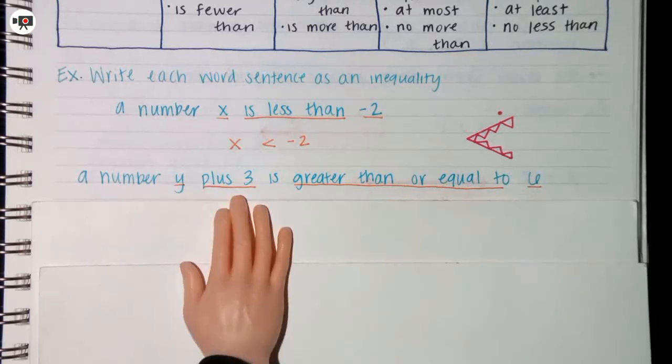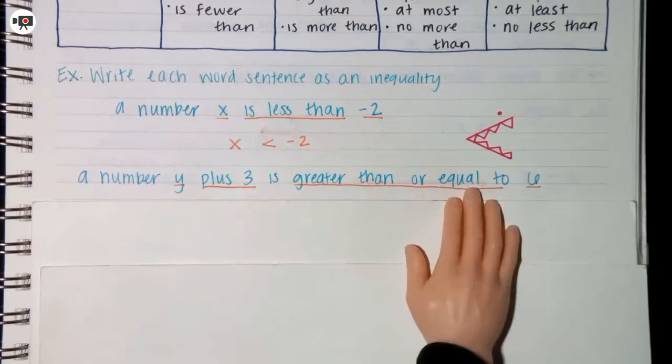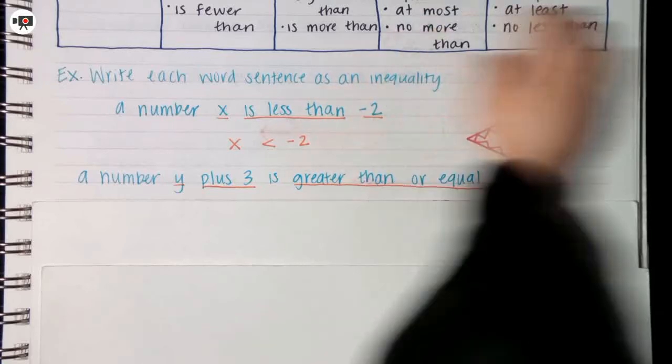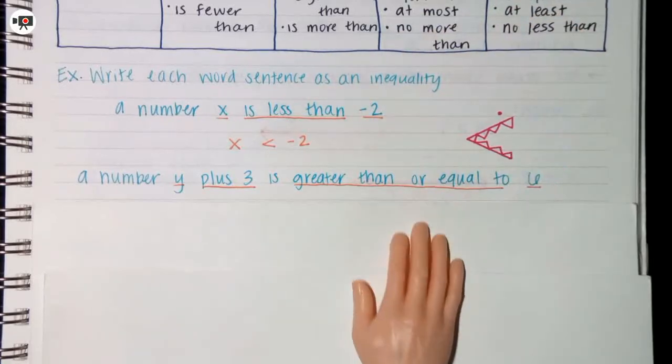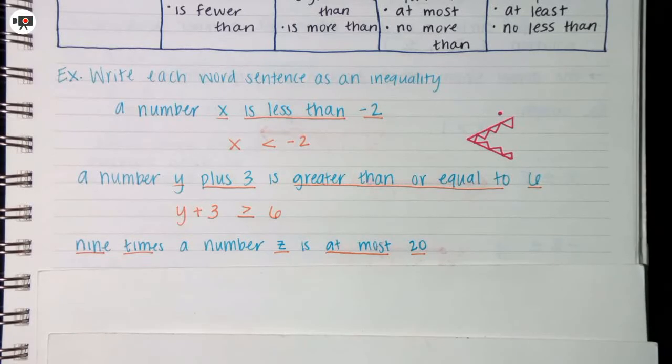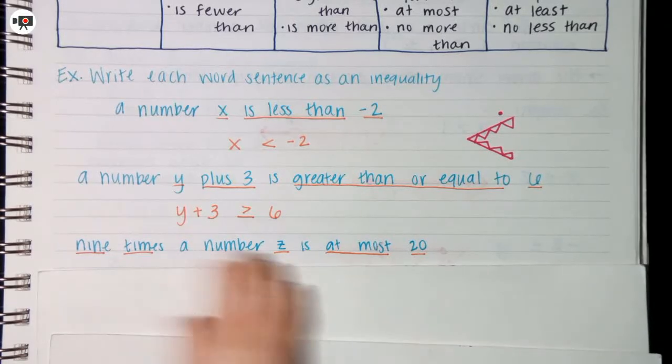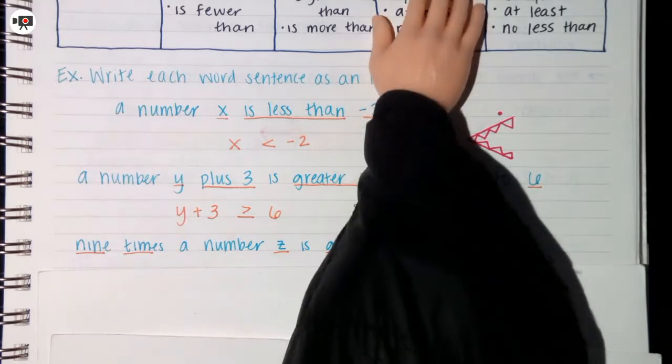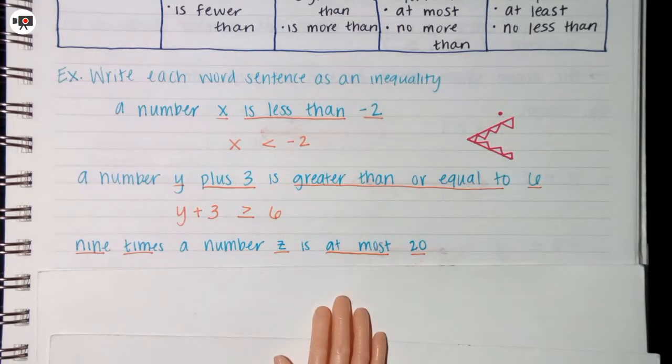So I'd have y plus 3, and then greater than or equal to is this one, and then I have 6. And then I have 9 times the number z is at most 20. So 9z, at most is this one, and then 20.